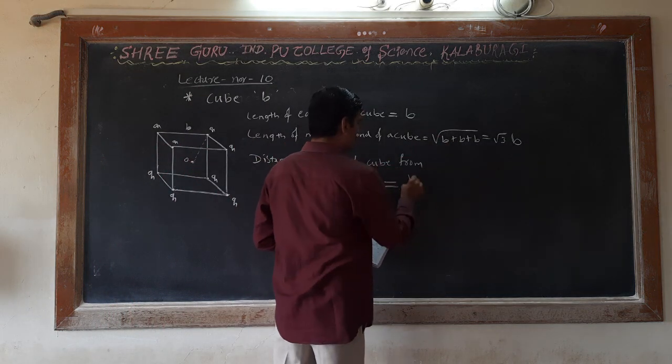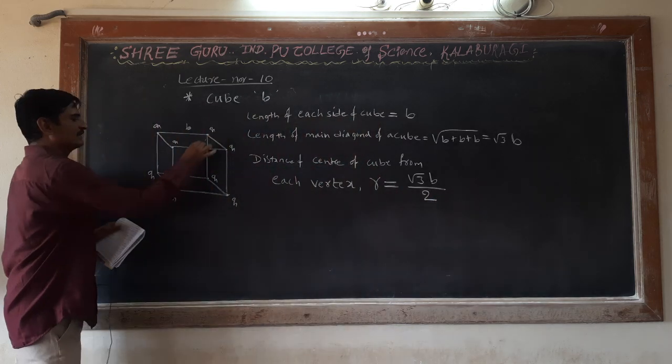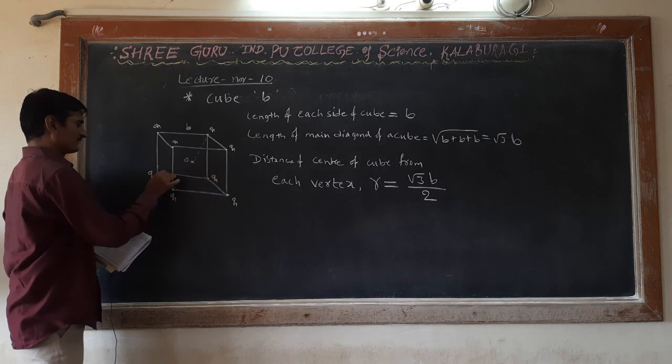The length of the main diagonal we got as root 3 b, so r equals root 3 b divided by 2. So this is the distance of the center from each charge, or from each vertex.